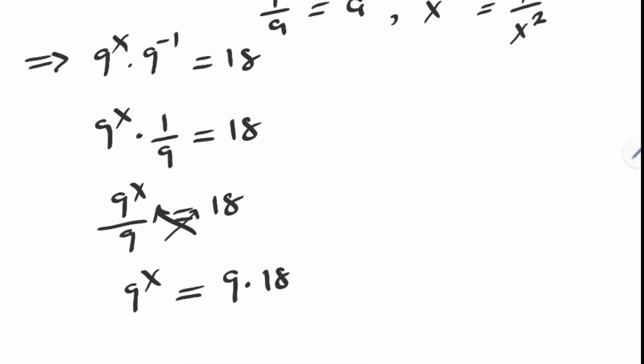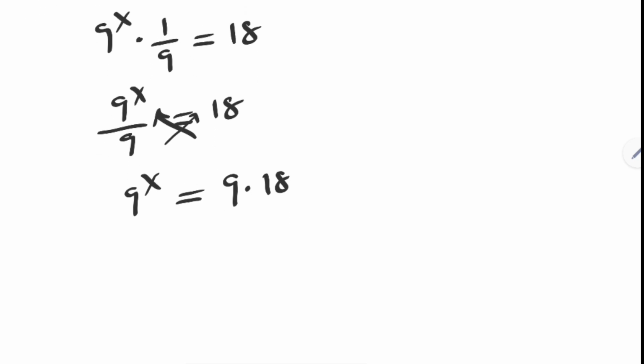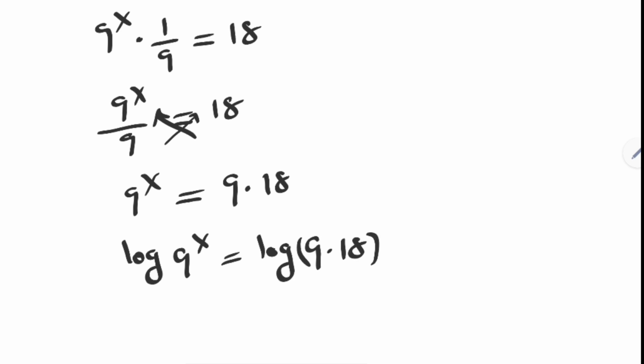Let us take the log on both sides of this equation. Log 9 raised to power x is equal to log 9 multiplied by 18. Take note of this, that if you have log a raised to power b, this is equal to b log a.